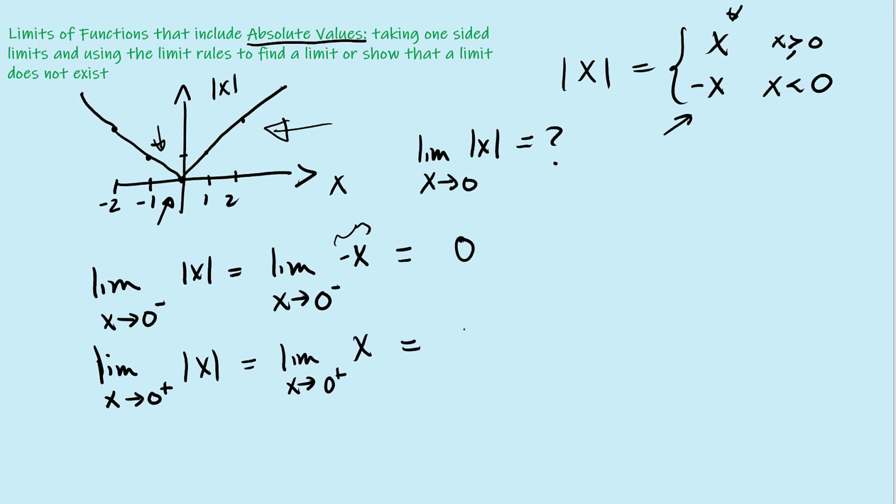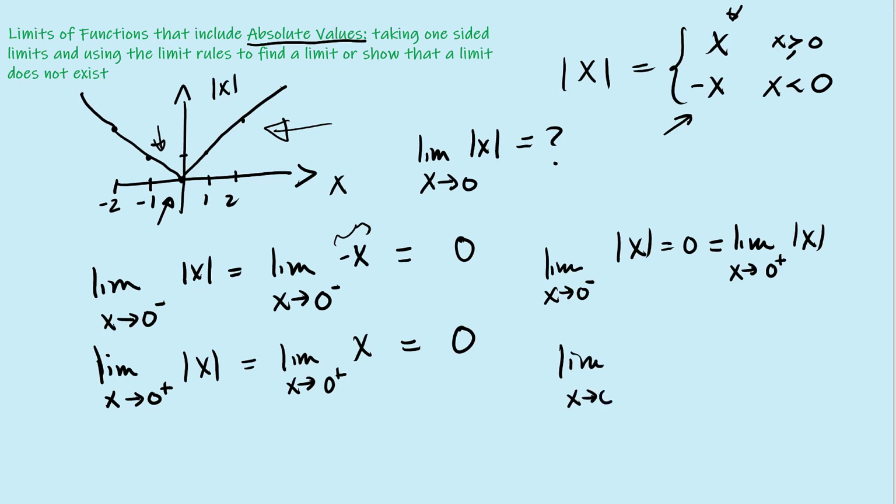And again, that's just equal to 0. So in this case, the limit as x goes to 0 from below of absolute value x equals 0. And so does the limit from above, right? And so we can say that the limit as x goes to 0 of absolute value x is equal to 0.